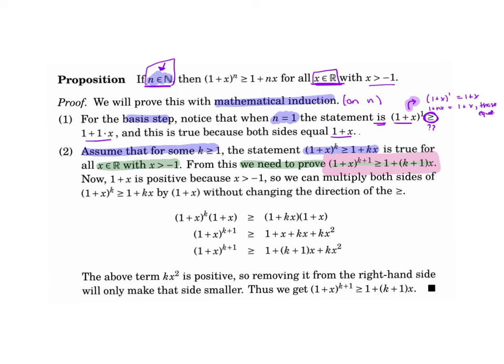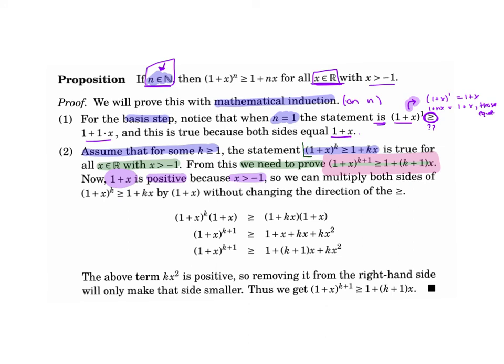And the other thing they say is that 1 plus x is positive because x is greater than negative 1. So we can multiply both sides of the inequality by 1 plus x without changing the direction. So then they're starting here with this statement that they know for sure is true. So they're starting with this known statement.